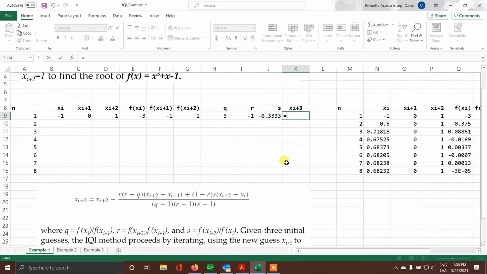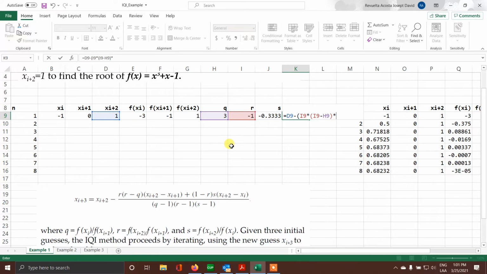It's xi plus 2 minus, I'm going to open a parenthesis, R times, oops, R times, R minus Q, right? And then we're going to multiply this times xi plus 2 minus xi plus 1.